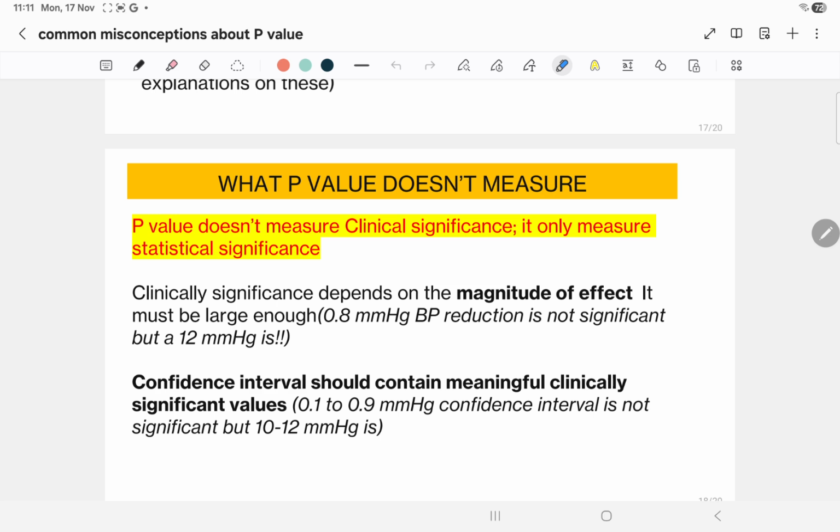So confidence interval should contain meaningful clinically significant values. So what is confidence interval? Suppose you conduct a study and you get a 10 mmHg reduction in blood pressure in your study. Your friend comes in and says, if I conduct this study a million times, will I always get 10 mmHg? And you say no, you might get 9, you might get 11. So he will say, then how are you saying that your drug reduces the BP by 10 mmHg?